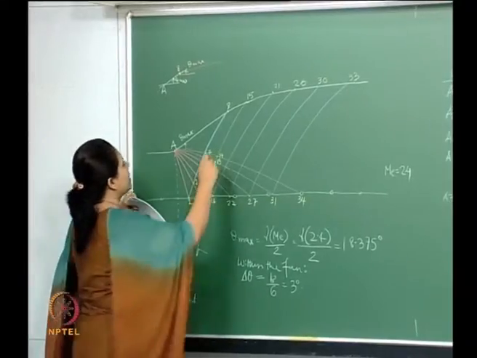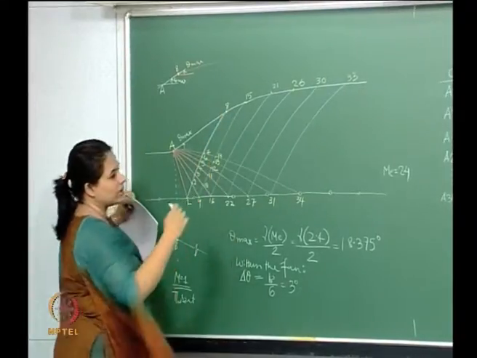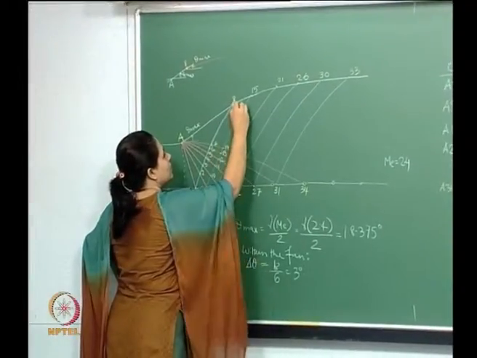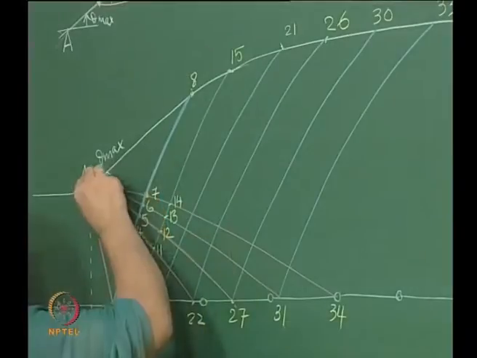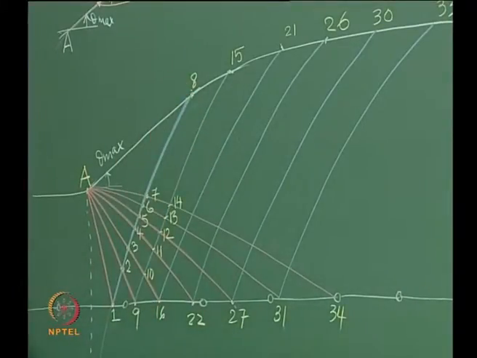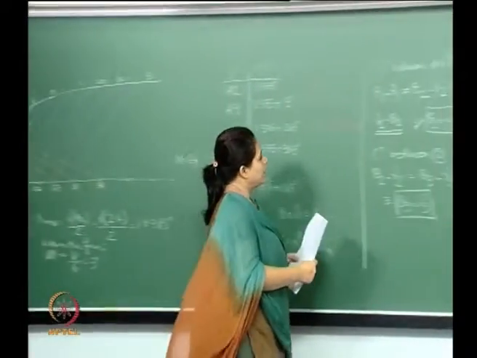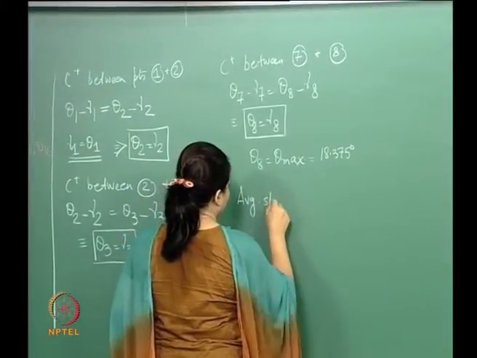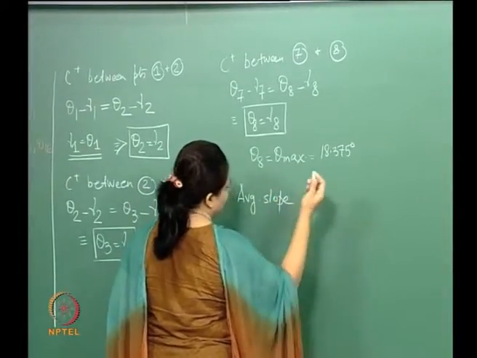Theta max out here, and theta 8 is again theta max. So we have the same straight line going through here, so this is also theta max. So the average slope between A and 8, this is now just geometry.